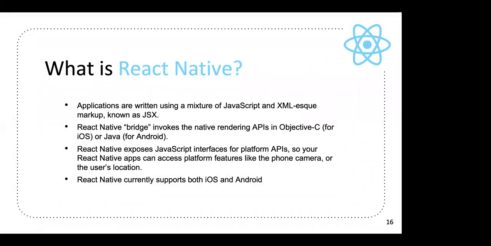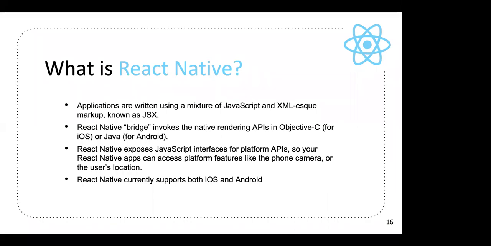React Native applications are written using a mixture of JavaScript and an XML-like markup language, that means JSX. The React Native bridge invokes the native rendering APIs in Objective-C for iOS and Java for Android applications.